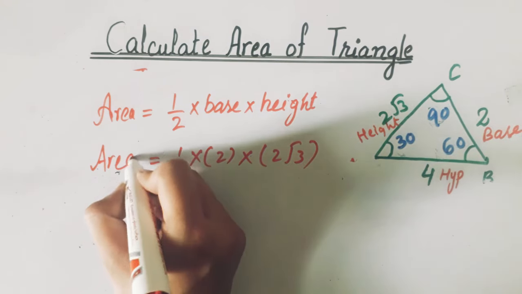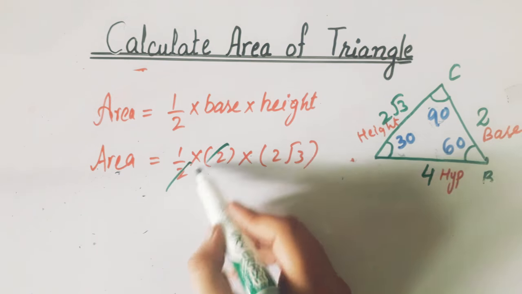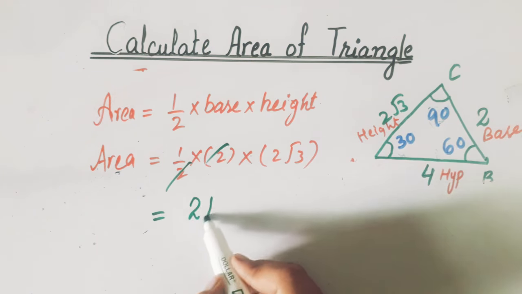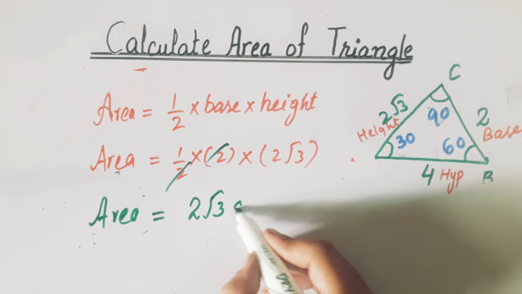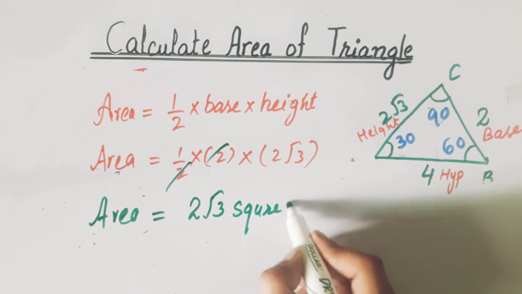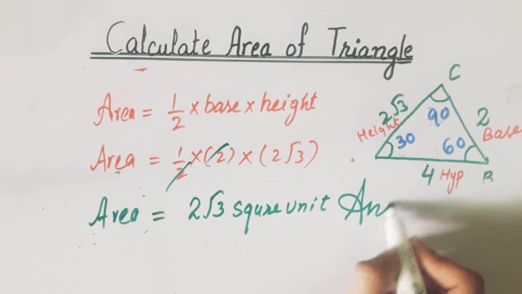So easily we will find the area. Here 2 and 2 cancel out and we have 2 square root 3. This is the area and the area unit is square unit. So this will be the answer.